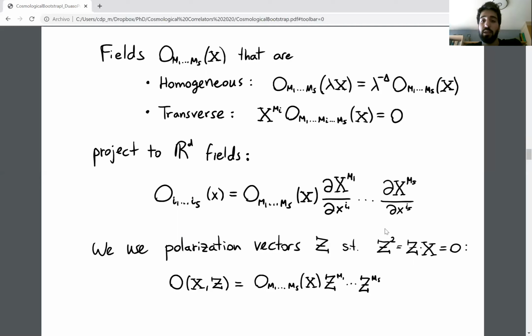And the projection is just this, where we are projecting on the section that I mentioned. We also use polarization vectors z, which are null and transverse, in order to contract with the Lorentz indices of these tensor fields.